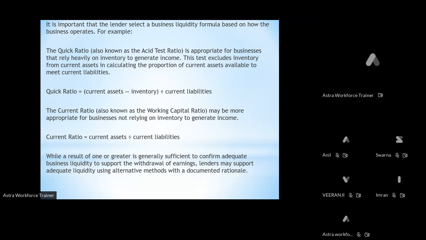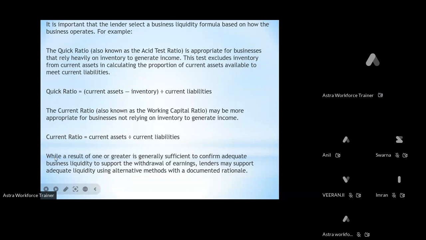Then the current ratio is current assets divided by current liabilities. A result of 1 or greater is generally sufficient to confirm adequate business liquidity to support the withdrawals of earnings. The lender may also support adequate liquidity using alternative methods with a documented rationale.